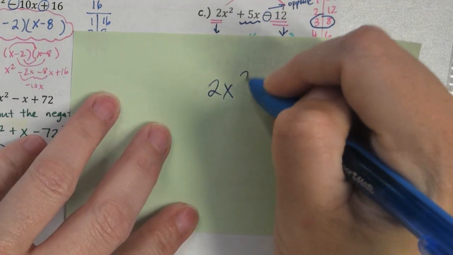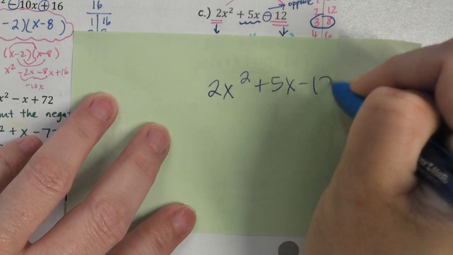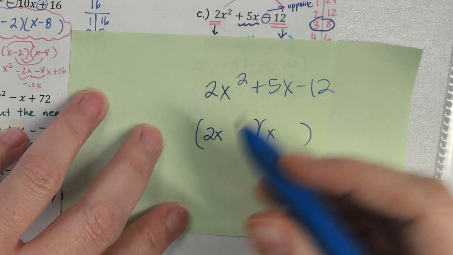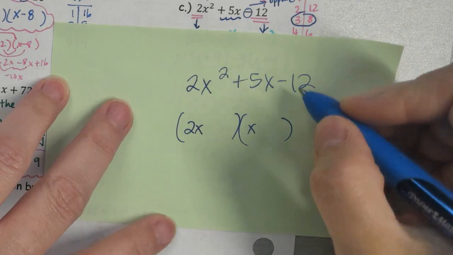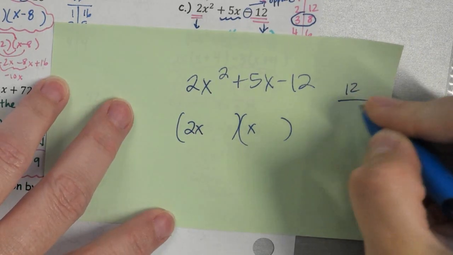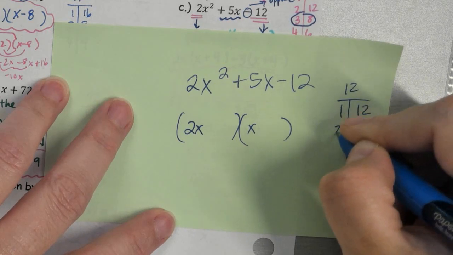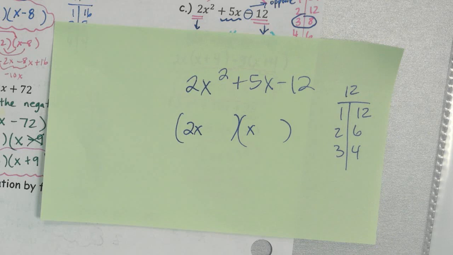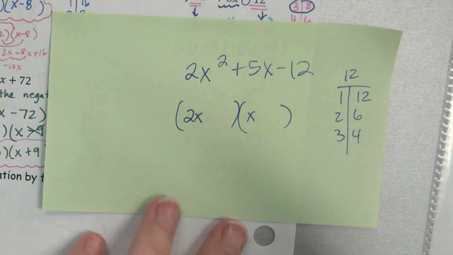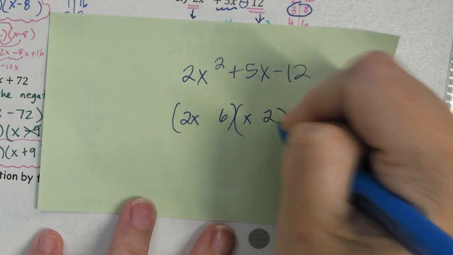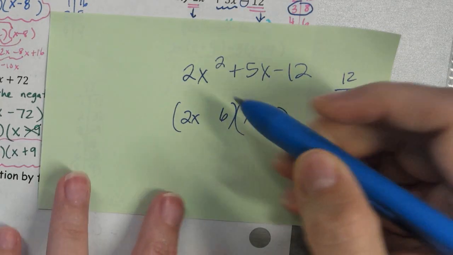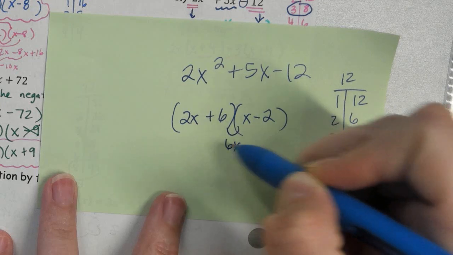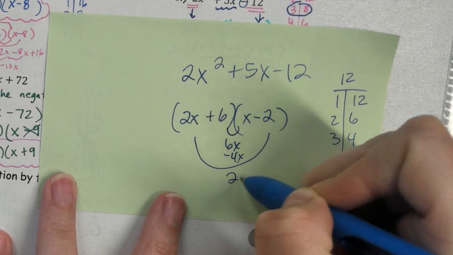And that's because if you have 2x squared plus 5x minus 12, you only have 2x and x. That's your only possibility. For negative 12, you only have to try 1 and 12, 2 and 6, 3 and 4, and vice versa. Now, we already know what the answer is, but if you started plugging these in and saying, okay, they have to be opposites, I'll try this is plus, this is minus, and then you could check with FOIL, right?